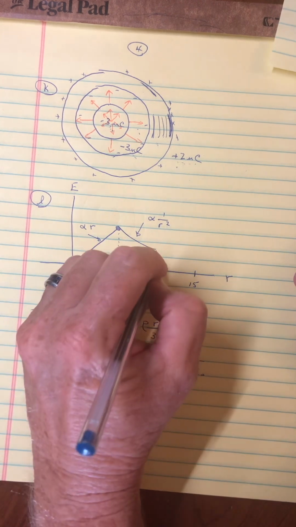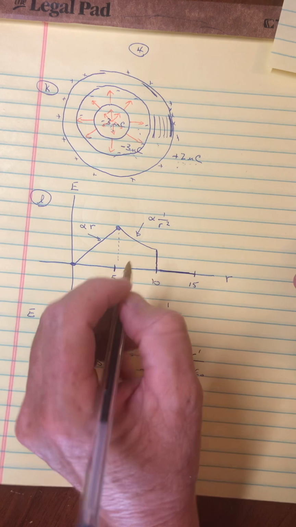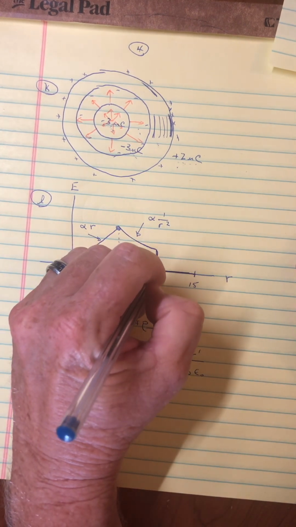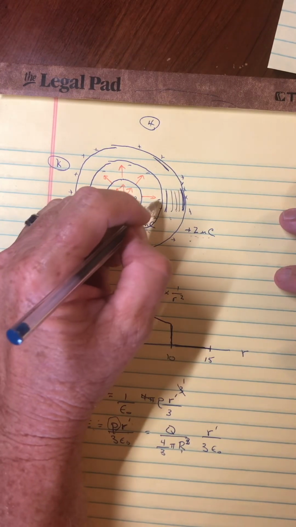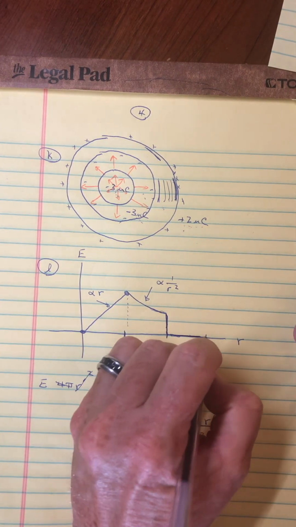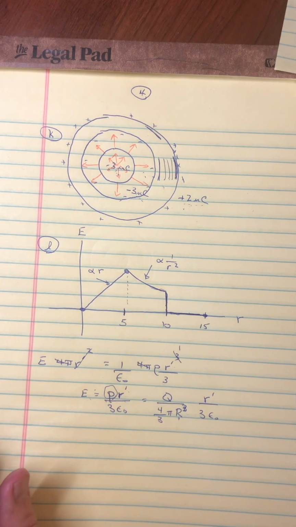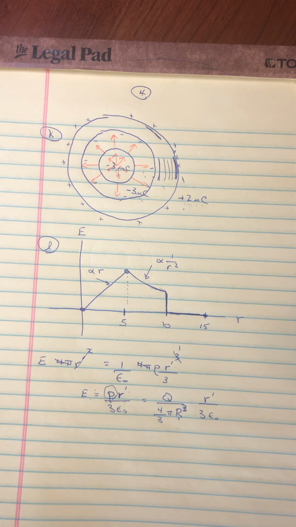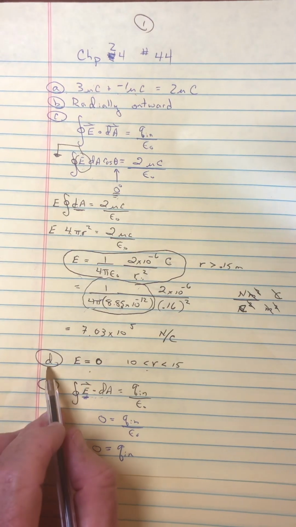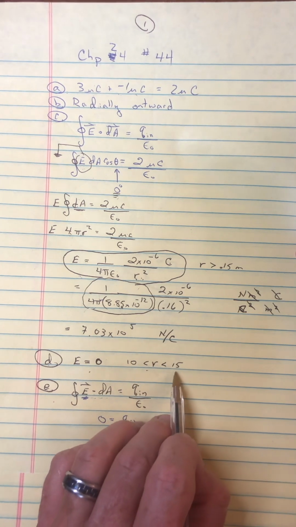And then, when we get into the shell, there's just like instant drop, or nearly instant drop. There would be some kind of boundary layer. But that's where these charges were, and so it would drop down to 0 inside the conductor. And that 0 field is what we solved for back on page 1, in part D, where it says what is that electric field between 10 and 15 centimeters.